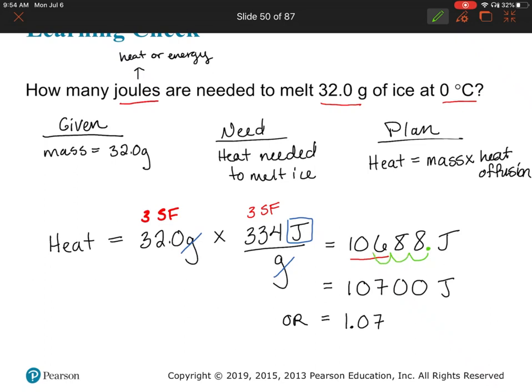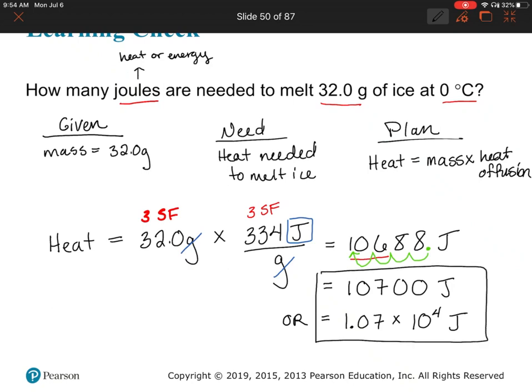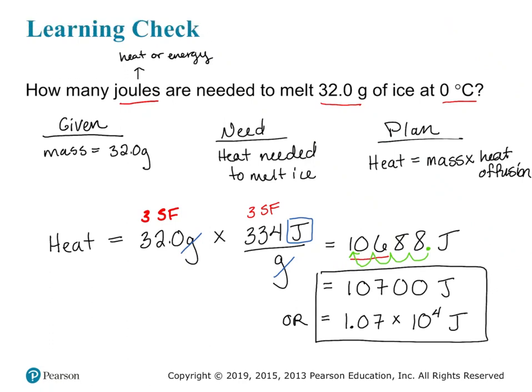So 1, 2, 3, 4 times. So then we have our power of 10 and the exponent is 4. And this is a large number, so the exponent is positive. So this would be 1.07 times 10 to the 4th joules. Okay, so that's how much heat it takes to melt 32 grams of ice.